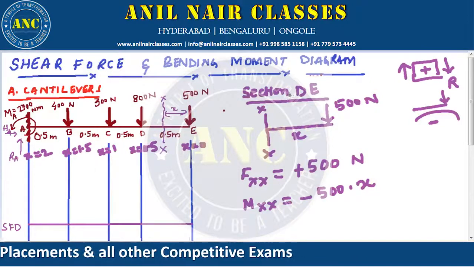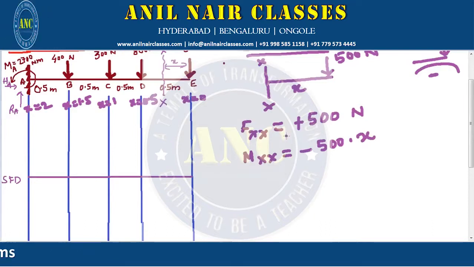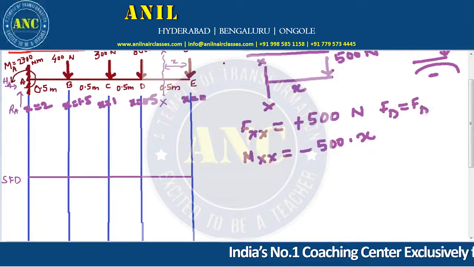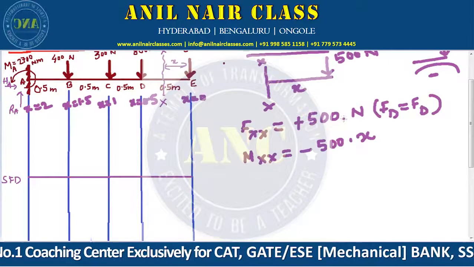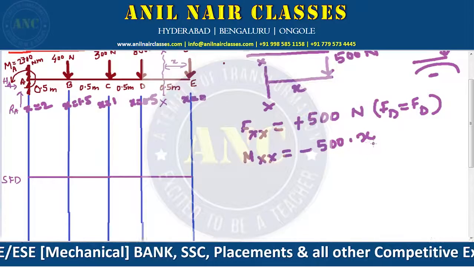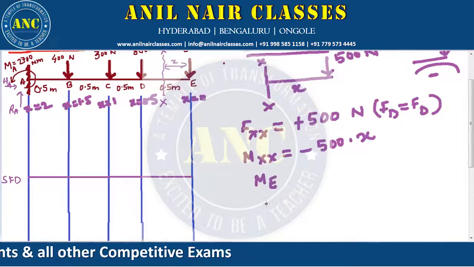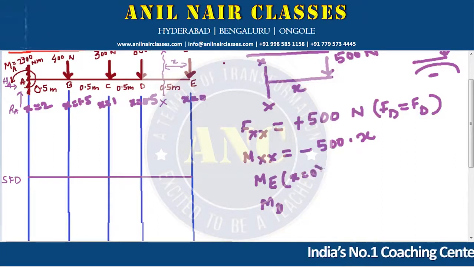Now which section are we taking? Section DE. So in section DE, the force at D as well as E remains the same, 500 newtons, because there is no multiple of X. But if you see here, the product is multiplied with X. So we'll find the moment at E and the moment at D. Moment at E, what is the value of X? X is equal to 0.